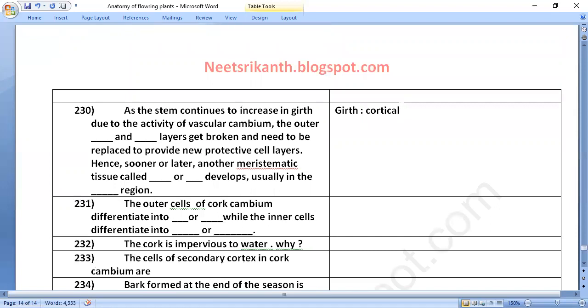Hence, sooner or later, another meristematic tissue called cork cambium, also called phellogen, develops usually in the cortex region.